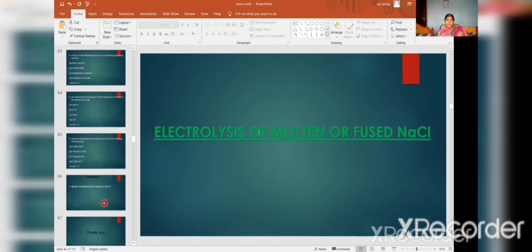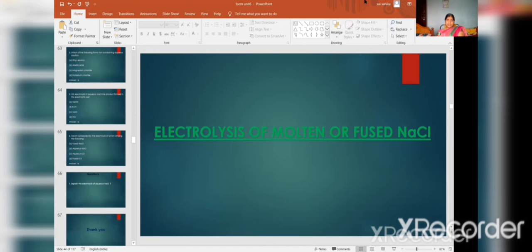We will use the whiteboard and I will draw the diagram once again, same as for fused NaCl.